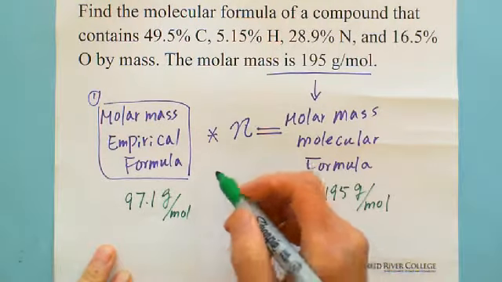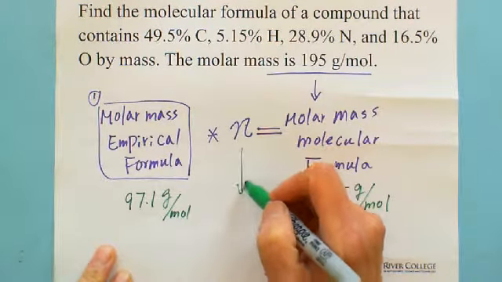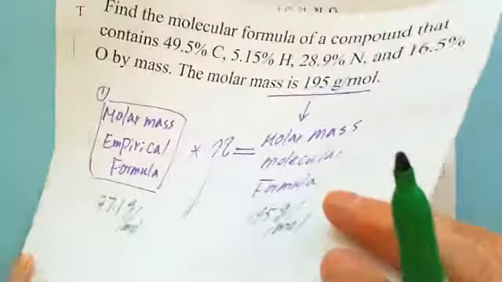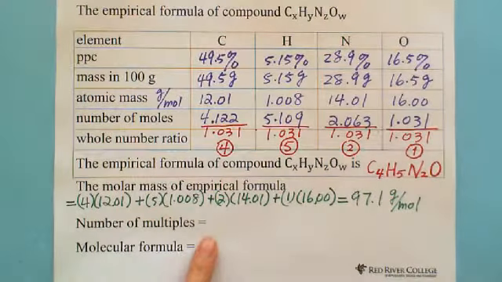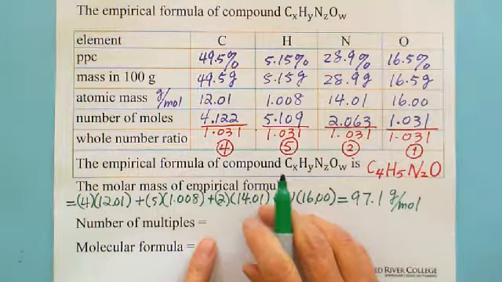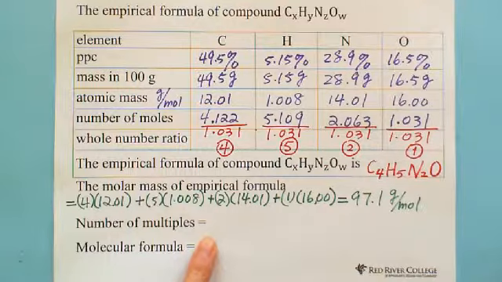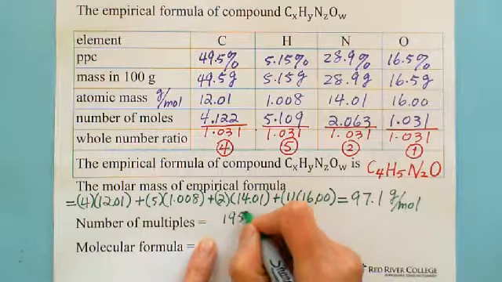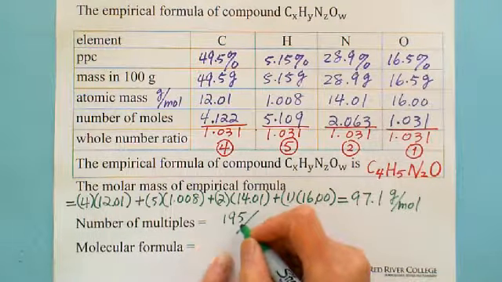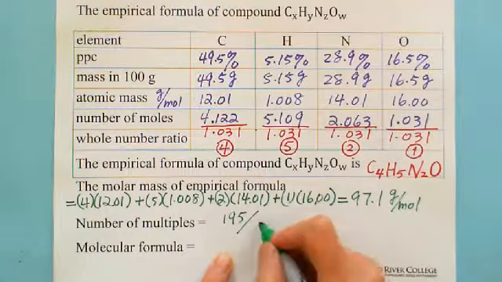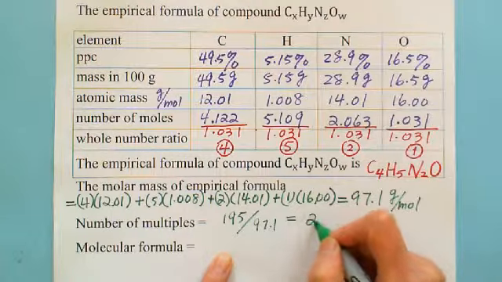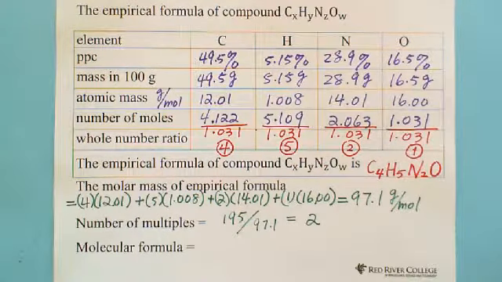Okay, then we can figure out the number of multiples. The number of multiples is using 195, the total molar mass of the compound, divided by the empirical, 97.1, which gives 2. The 2 is the number of multiples.